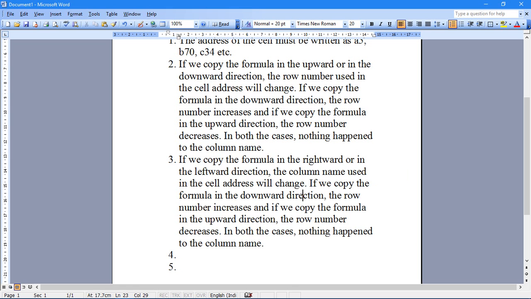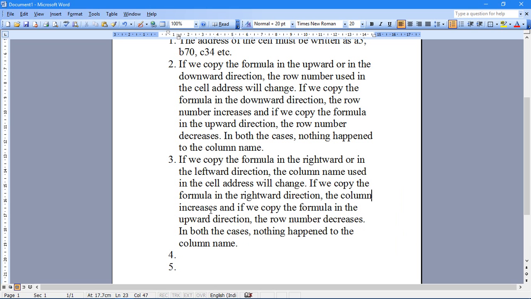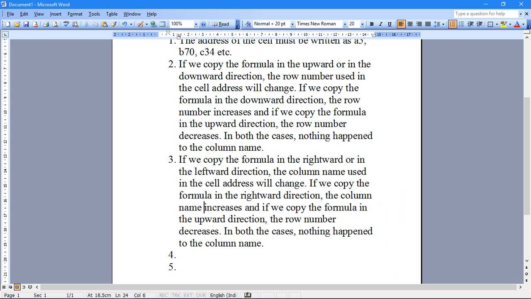If we copy the formula in the rightward direction, the column name increases, and if we copy the formula in the leftward direction, the column name decreases.